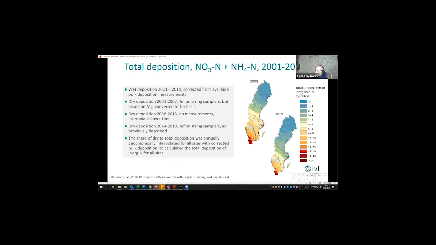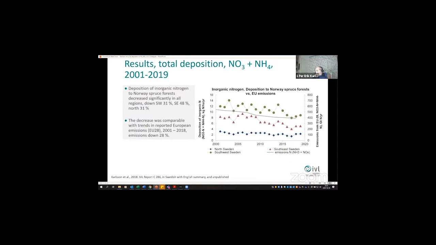So we could generate this kind of maps over Sweden for different years with the deposition. And you can see the strong gradient. And from this, we could calculate the trends for total deposition of inorganic nitrogen for 3 different regions based on these maps that I showed in the previous slide.